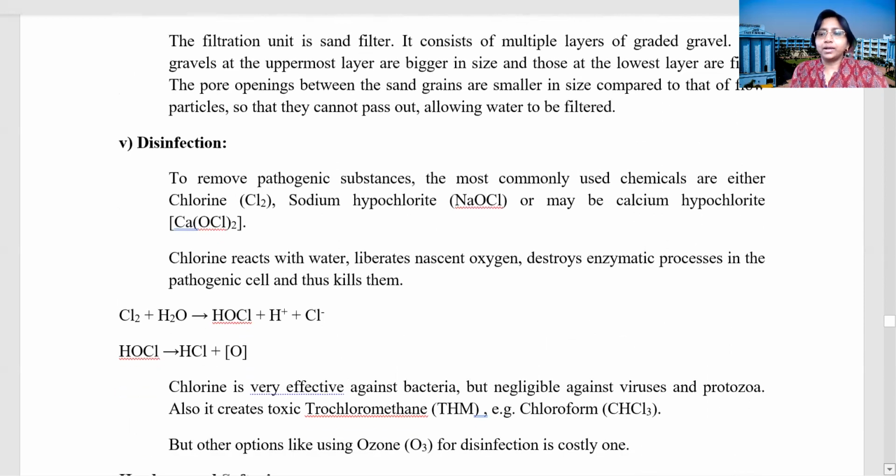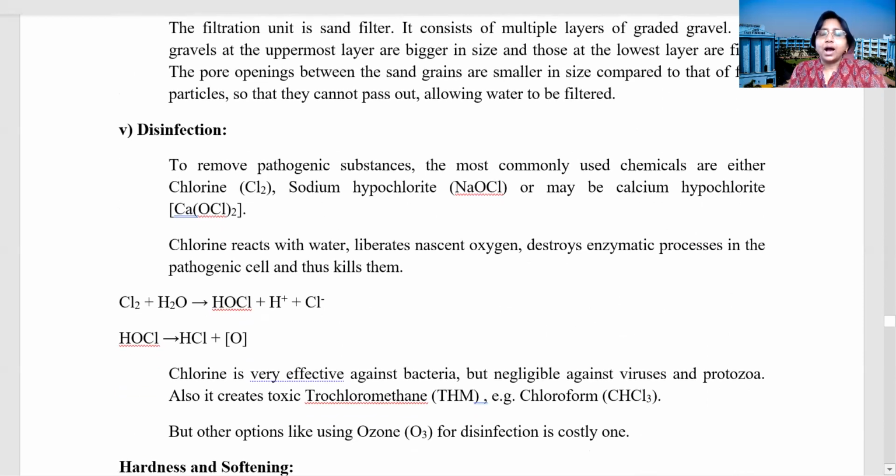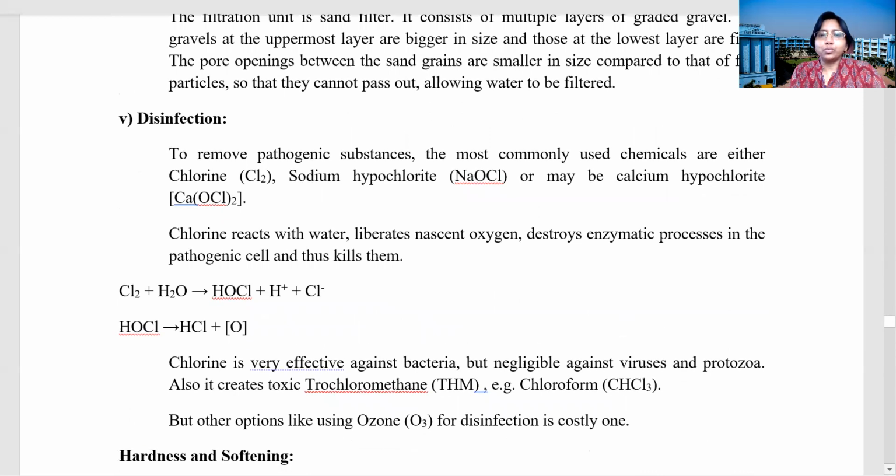Disinfection is a very important part. How do we disinfect? Generally we use bleaching powder, that is chlorine. How does it work? These are very important reactions. First, chlorine reacts with water and we get HOCl plus H+ and Cl-.